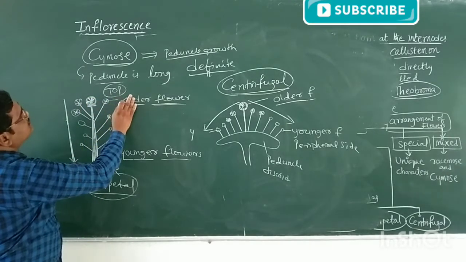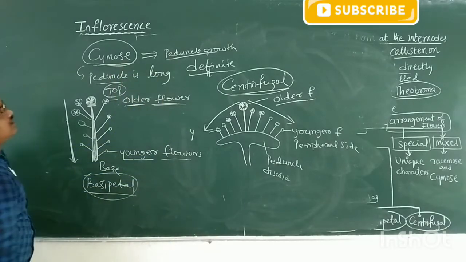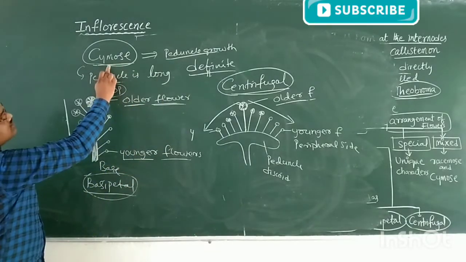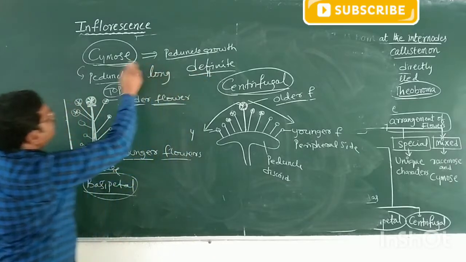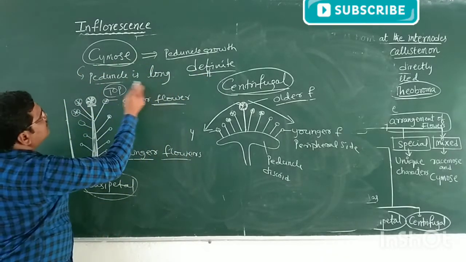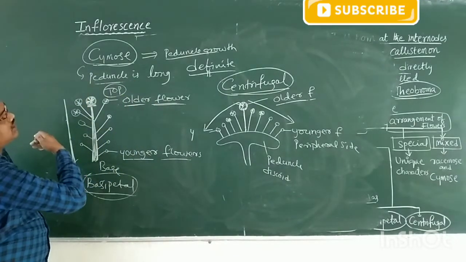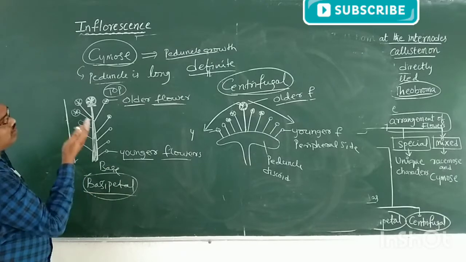So these are the main differences between cymose and racemose. In cymose, the peduncle growth is definite. In racemose, the peduncle growth is indefinite. In cymose, the peduncle ends with the flower. In racemose, the peduncle continues to grow.